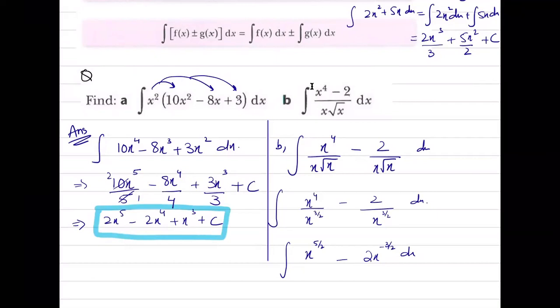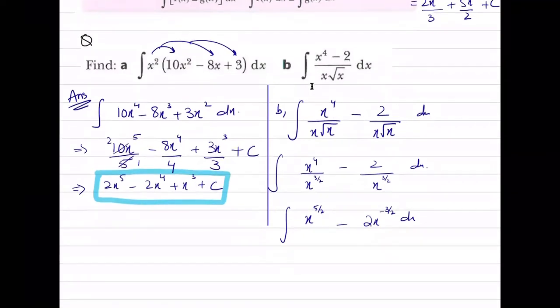Yeah, sir. Okay. Then if you are going to integrate this, x to the power of 5 upon 2 is going to be integrated as x to the power of 7 upon 2 divided by 7 upon 2, minus 2x to the power of minus 3 upon 2 plus 1, which is minus 1 upon 2, divided by minus 1 over 2, plus 3.